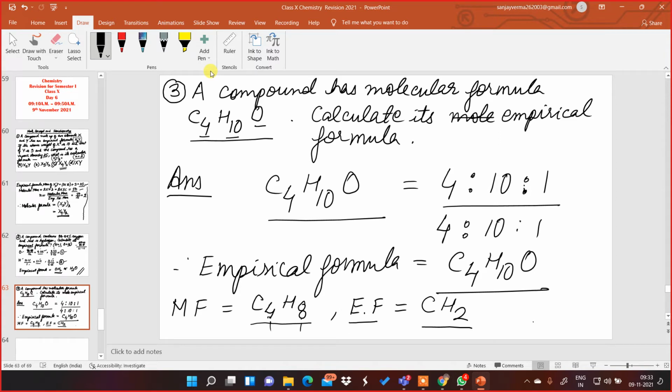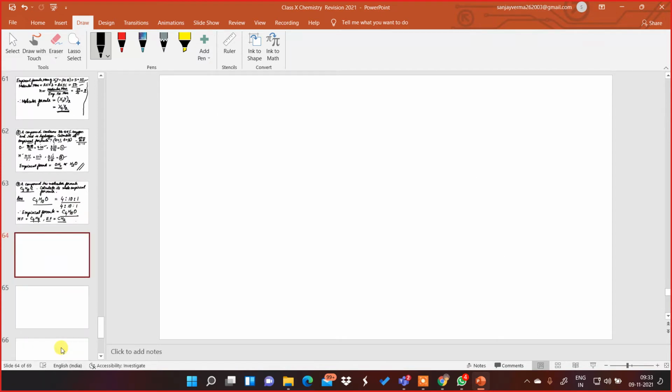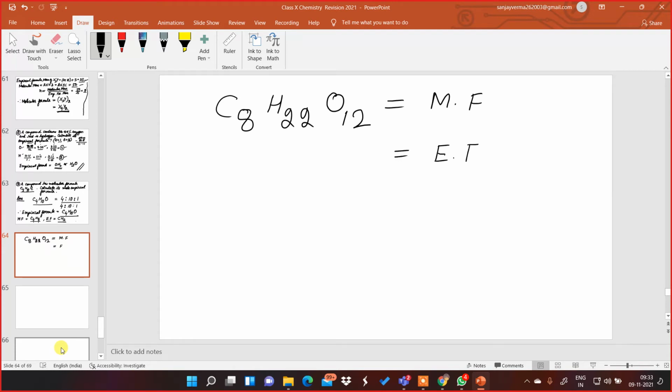Okay, answer confidently. One more example I want to give you. Say there is a formula like C8H22O12. If this is the molecular formula and I ask you what is the empirical formula, how will you do this?